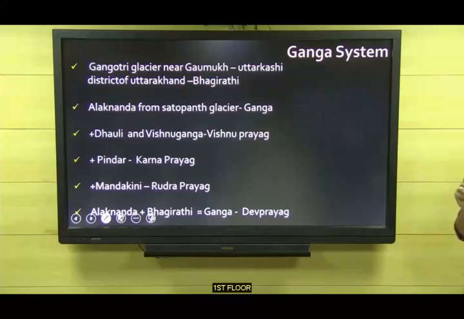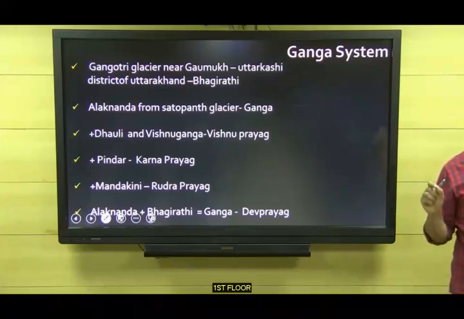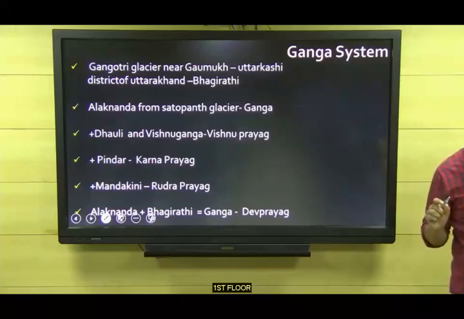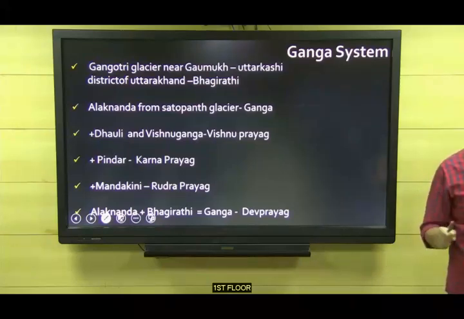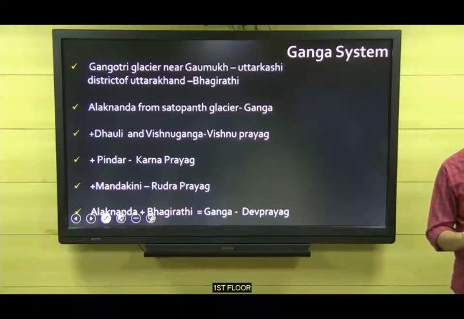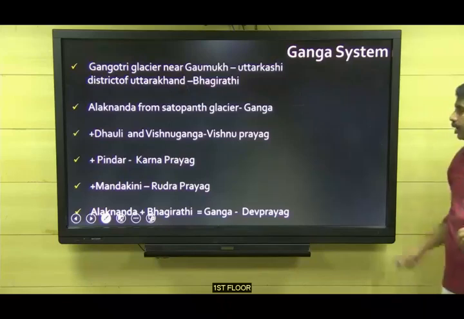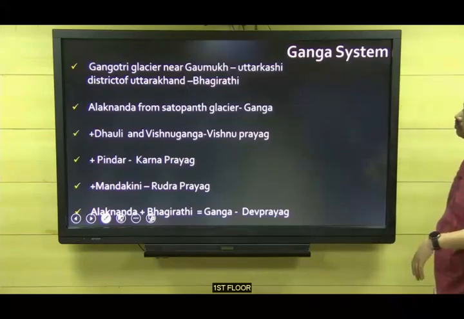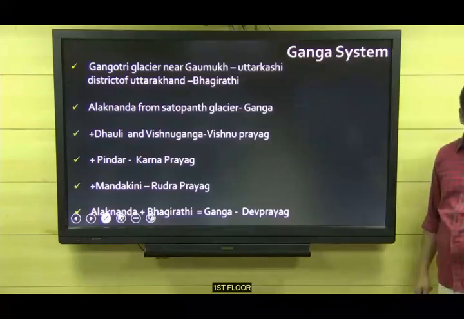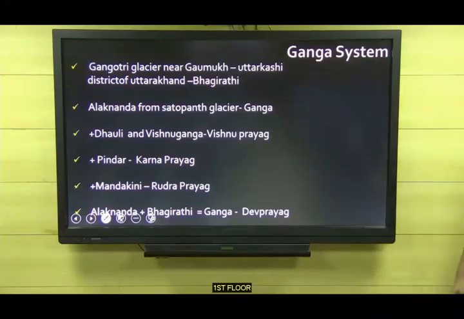Please go to your atlas and some text, better Wikipedia, and gather some points regarding the smaller tributaries also. Like where it originates, where it flows, and to which river it joins on which hand side. Okay, like that.